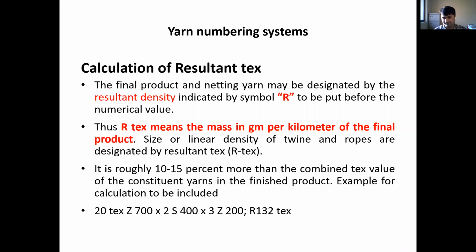So that says 700 is the number of twist. Z says the direction of twist. 20 tex is the tex value of single yarn. Okay, दूसरा नेक्स्ट बताओ आगे.